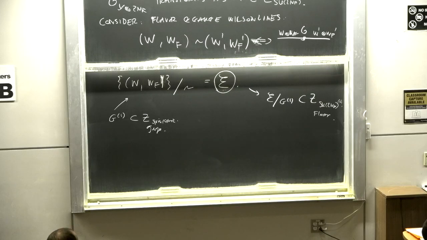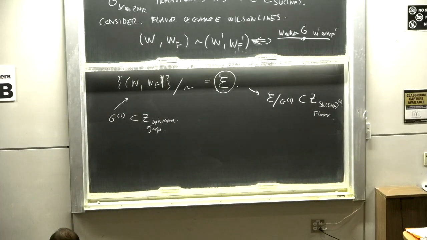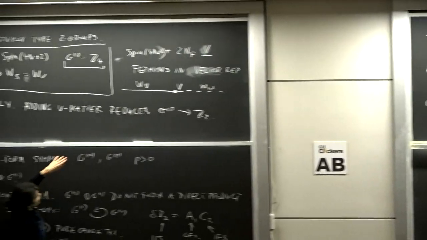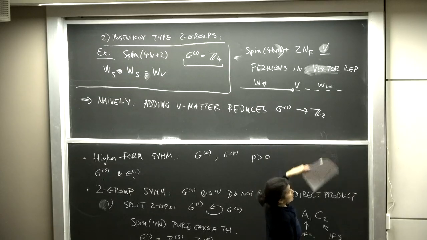Because in this case, in the spin 4n plus 2 case, with this additional vector matter, right, here we forgot about this. This was just the one-form symmetry, and we said, oh, it's just Z2. But once I keep track of it, it actually is charged under the center of the flavor symmetry.